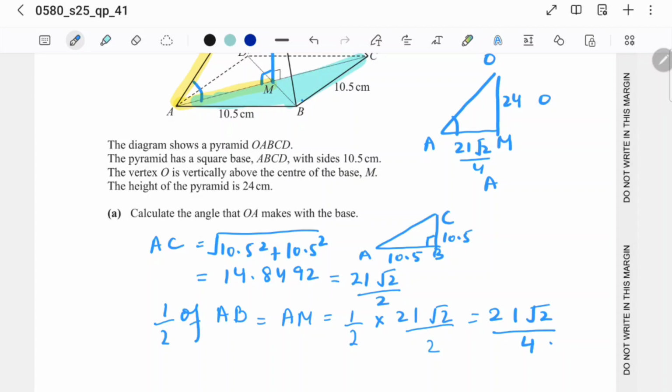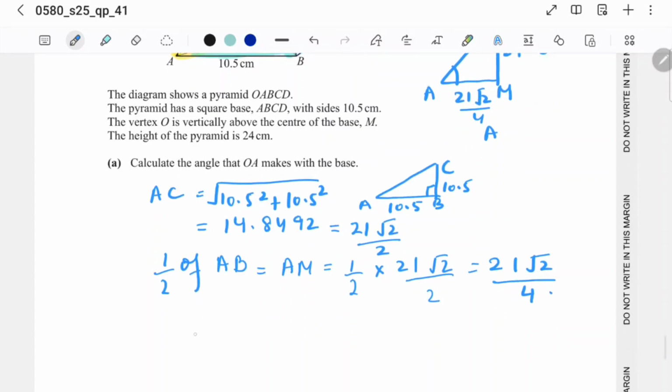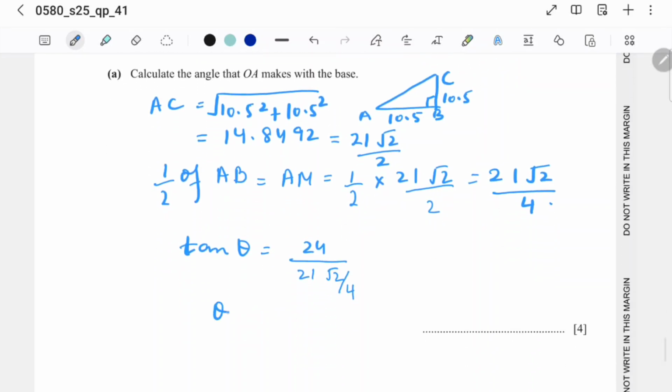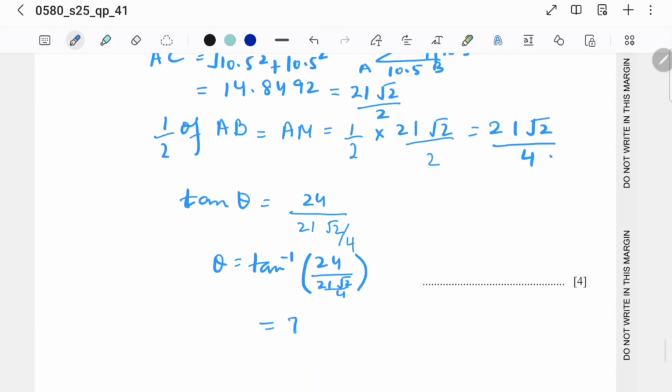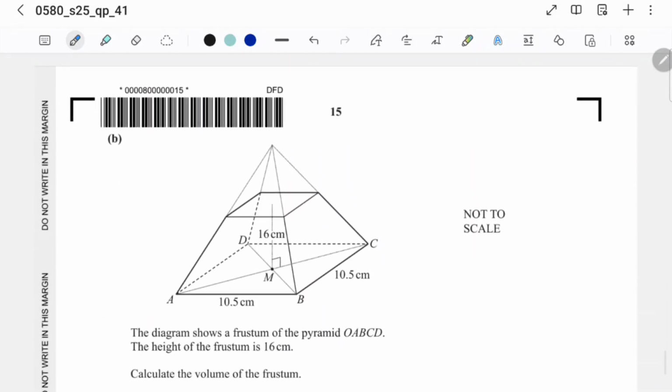You can keep it in decimals, there is no problem. So tan theta is equal to O over A, which is equal to 24 upon 21 square root 2 upon 4. Take your calculator. Theta is equal to tan inverse of 24 upon 21 square root 2 upon 4. Okay, so that is coming 72.8 degrees.